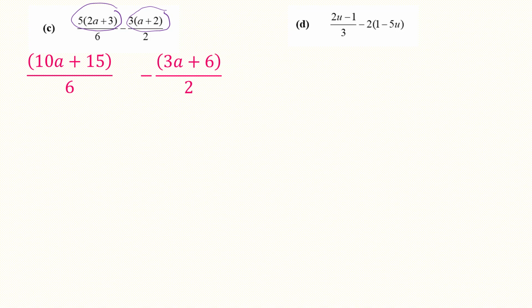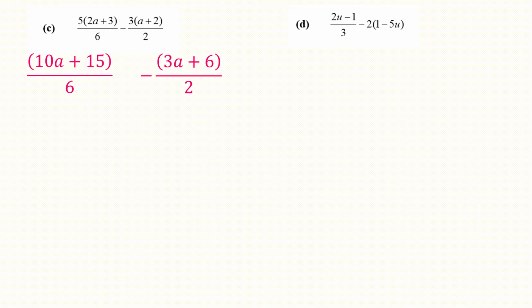Observe that I have bracketed the 3a plus 6, and similarly I bracket 10a plus 15. This is something you need to remember. If you can remember that, then you will have no problem solving such questions. Anytime you see more than one term in the algebraic manipulation, bracket it.